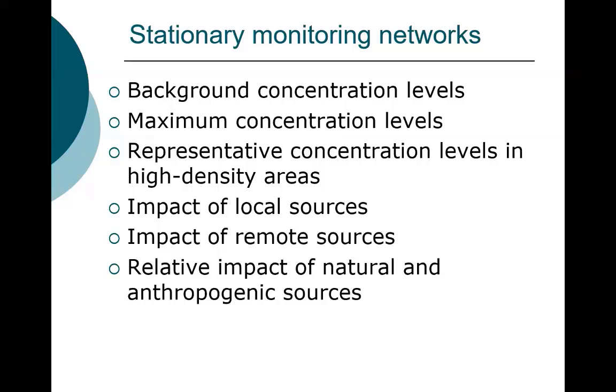If you look at the levels measured in the upper atmosphere using satellite data versus the levels measured at ground level, you'll see that the levels were actually much higher in the upper atmosphere. So thankfully, what we were exposed to at ground level was significantly less than what was in the upper atmosphere. And you can look at the impact of natural and anthropogenic sources.